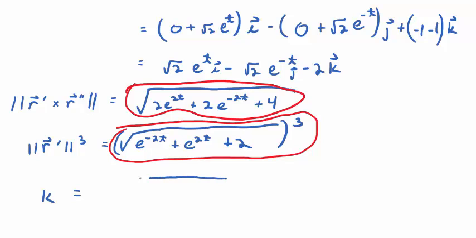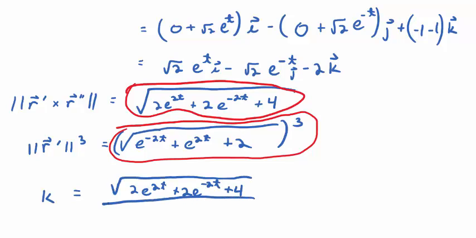So we'll take the square root of 2e to the 2t plus 2e to the negative 2t plus 4 and divide it. So that's magnitude r prime cross r double prime, magnitude of that. I already said that. And then divided by the magnitude of r prime cubed would be the square root of, let me change the order here, e to the 2t plus e to the negative 2t plus 2.